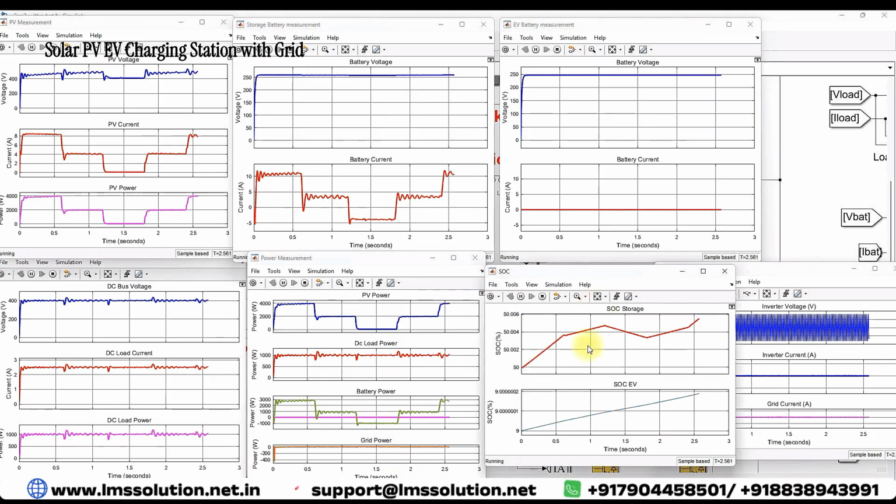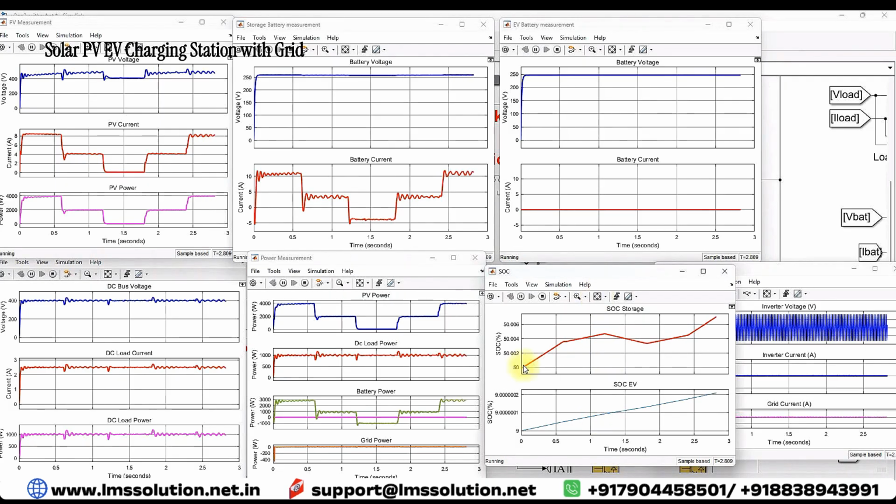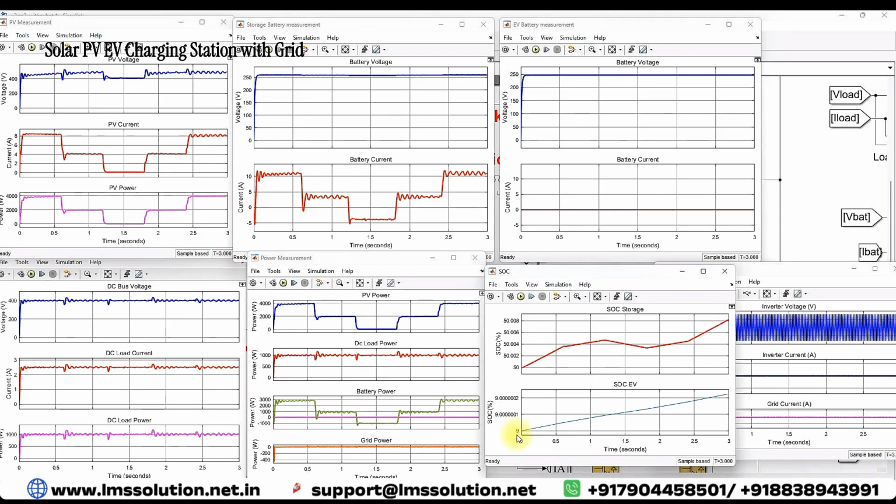Here you will see that the SOC of the battery remains at 9%. The storage battery is first in charging mode, then discharging mode, then going for charging again. You cannot see much change from 9%, it is charging around 0.001 only, and it is maintained at 9%, because the current of the battery is 0 at all times.